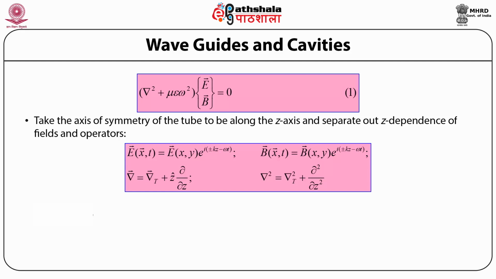Similarly, the del square operator can then be written as del square subscript t plus del 2 by del z2.